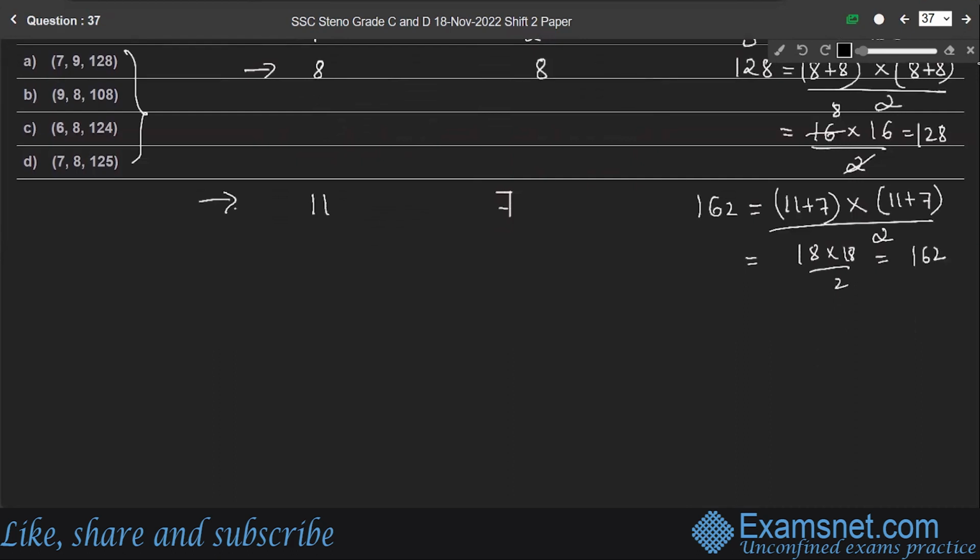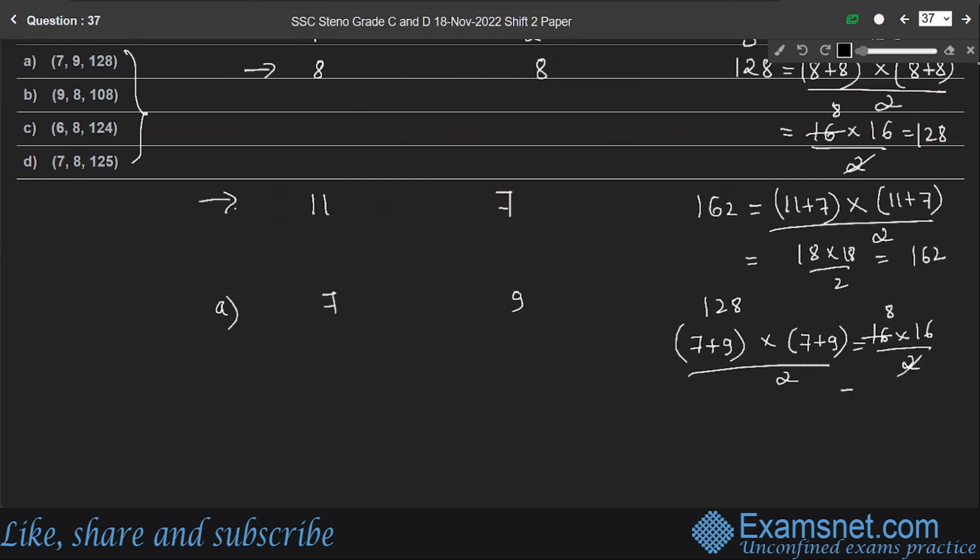Option A, in which the numbers are 7, 9 and 128. Applying the same logic, the first two numbers 7 plus 9, into 7 plus 9 whole divided by 2. So 7 plus 9 is 16, into again the same number 16 by 2, so 16 into 8, which is equal to 128.